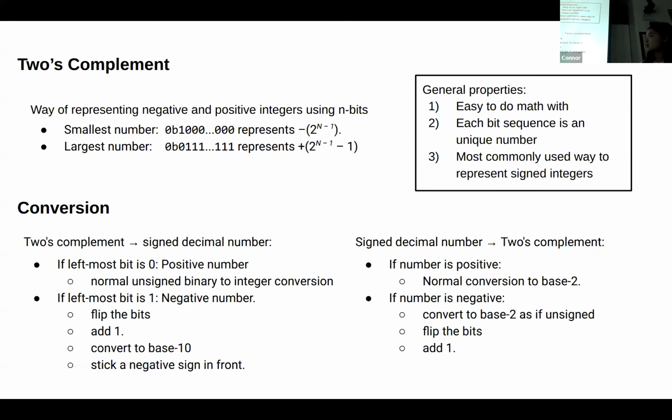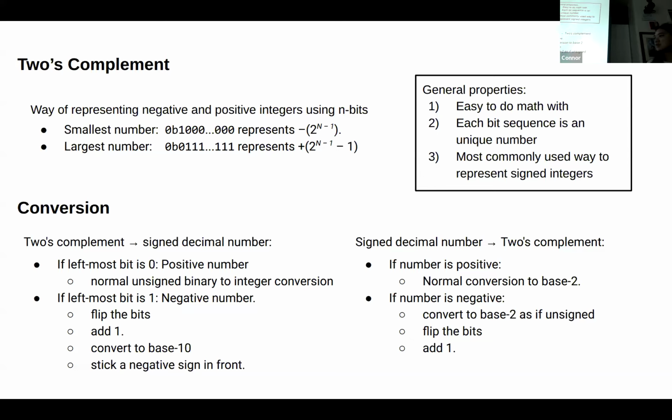And the largest number is 0b0 and then all ones, which represents positive 2 to the n minus 1, and then subtract 1. Some general properties of 2's complement are it's easy to do math with, each bit sequence is a unique number, and it's the most common way to represent signed integers.